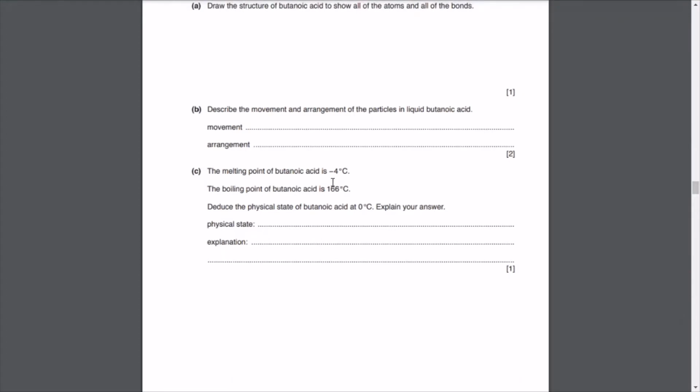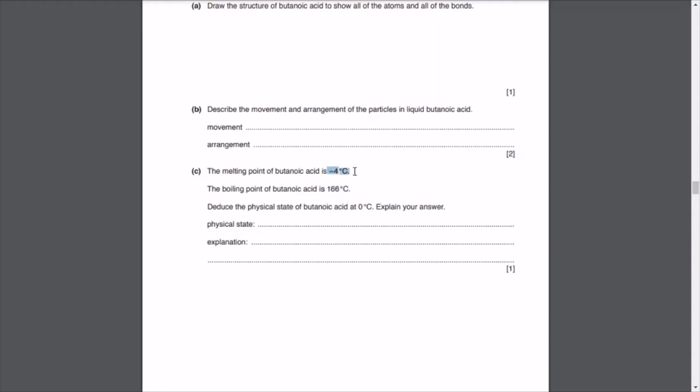So either it is gas if it is above, or it is going to be liquid if it is below. And about the melting point, if it is above -4°C, it is in liquid form, and if it is below -4°C, it is in solid form. Ultimately, we are talking about 0°C. 0°C is below 166°C, so till now we recognize it is a liquid.